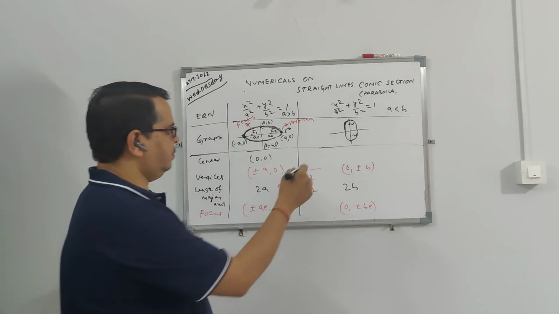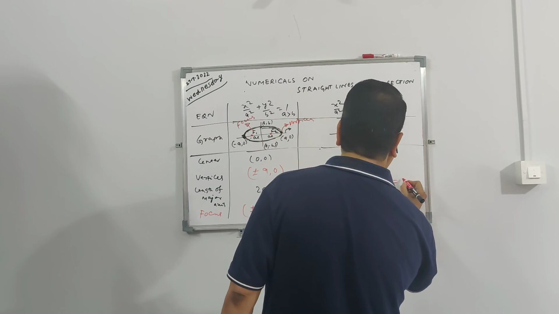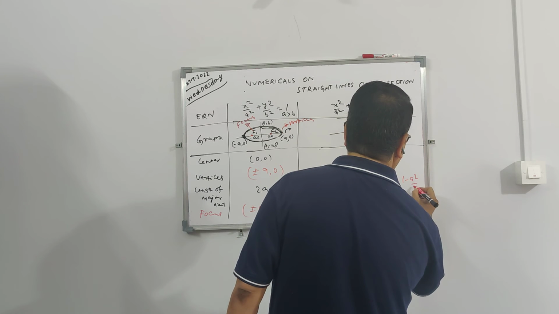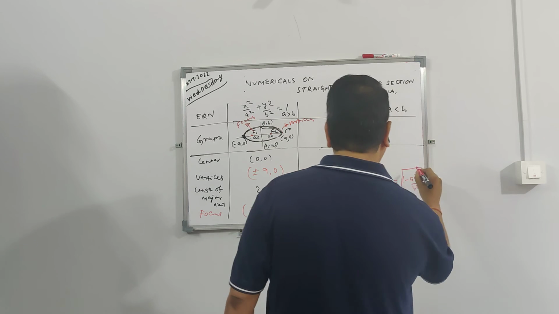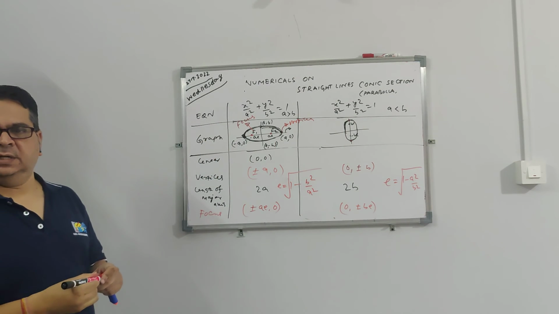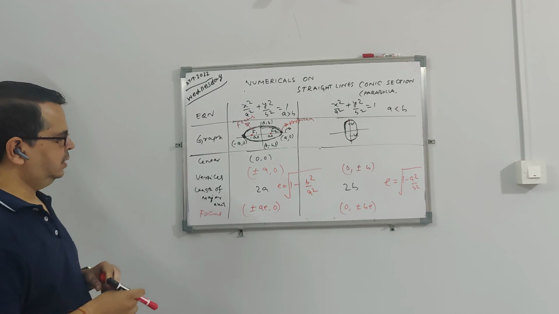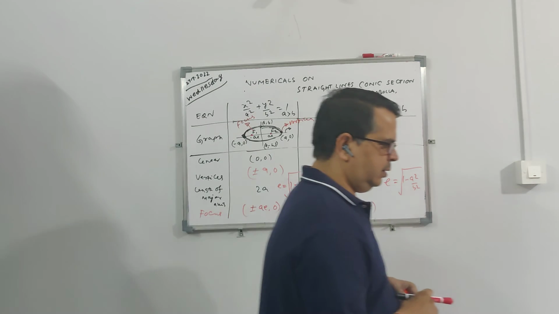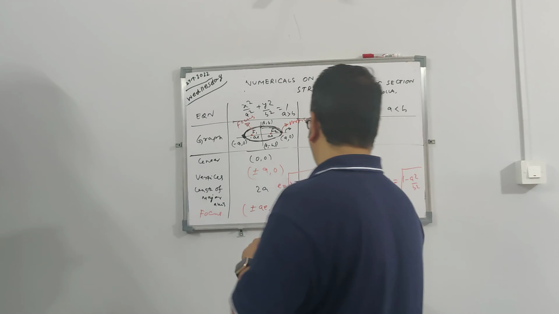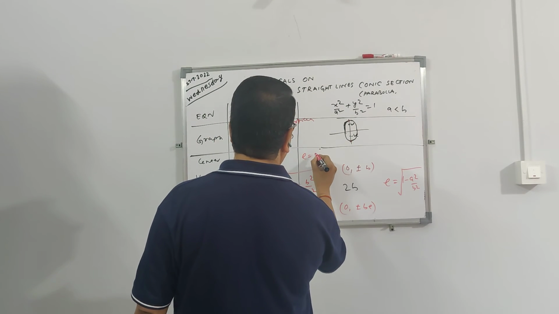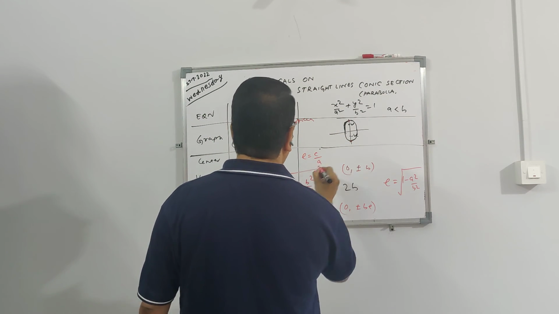But for this it will be e is equal to the square root of 1 minus a square by b square, because here a is small. So this is the equation of eccentricity. The eccentricity is nothing but c by a.